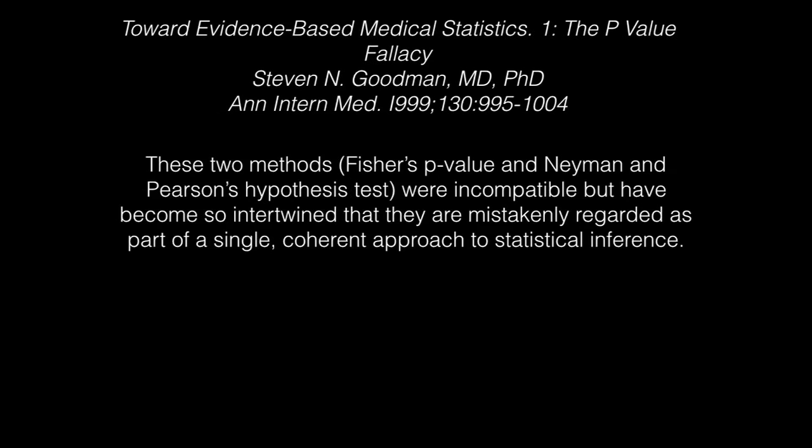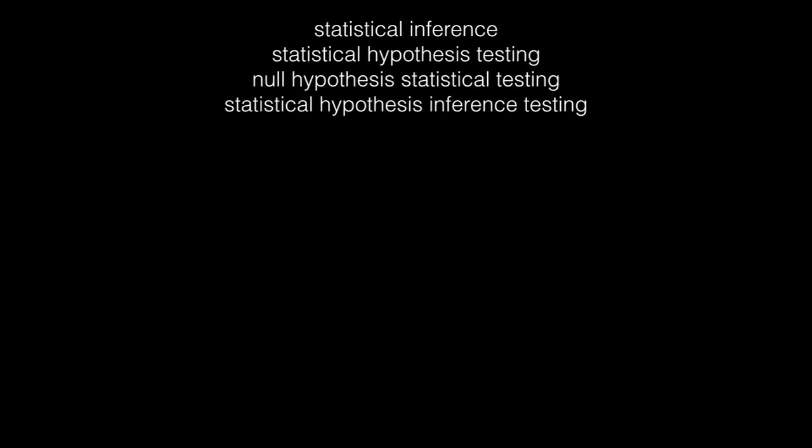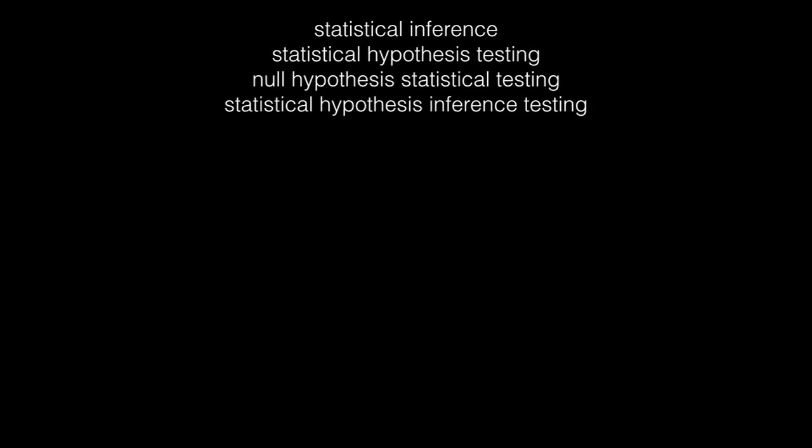These two methods, the p-value and the hypothesis test, were incompatible, but they became so intertwined that they are mistakenly regarded as part of a single coherent approach to statistical inference. So it also goes by the name of statistical hypothesis testing, null hypothesis statistical testing, statistical hypothesis inference testing. I think this latter one is more for the acronym than for any other reason.